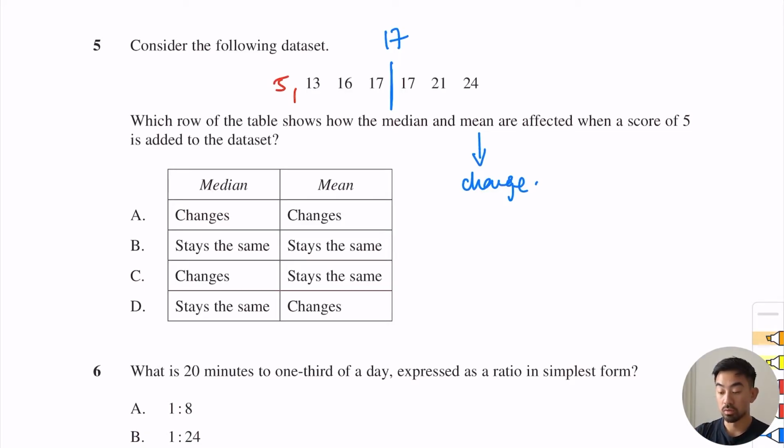So looking now, I've got 1, 2, 3, 4, 5, 6, 7. In order to make the median, I need the same number on either side. So I think my new median is going to be 17, because that leaves me with 3 numbers on either side of 17. So as you can tell, the median is going to stay the same. So which one is that? That is 5D, stays the same and changes. All right, cool.